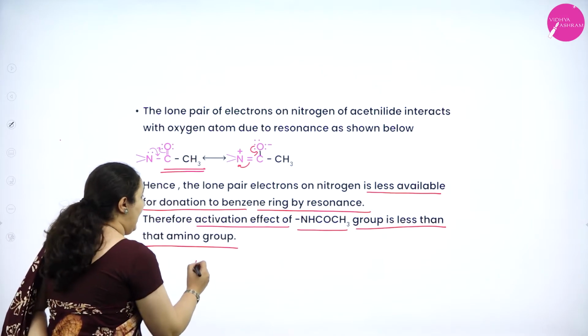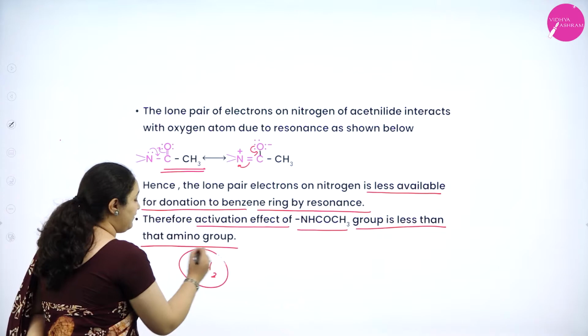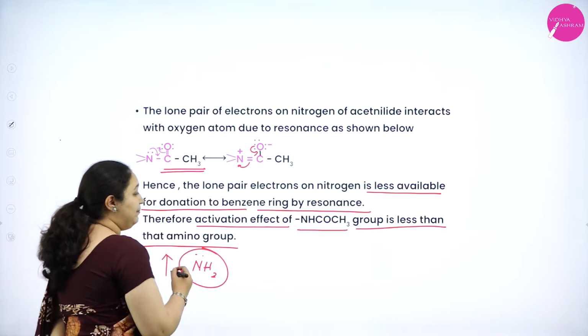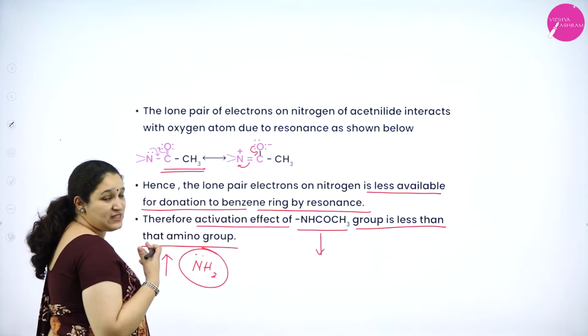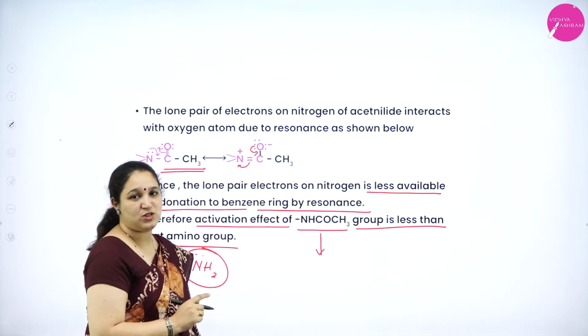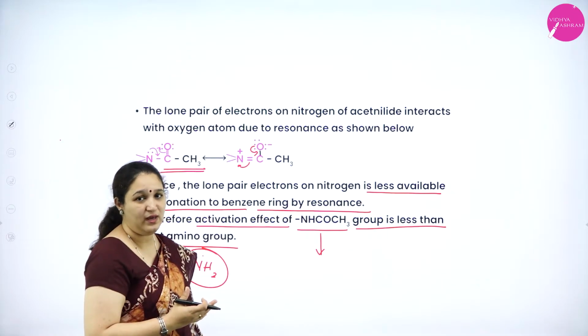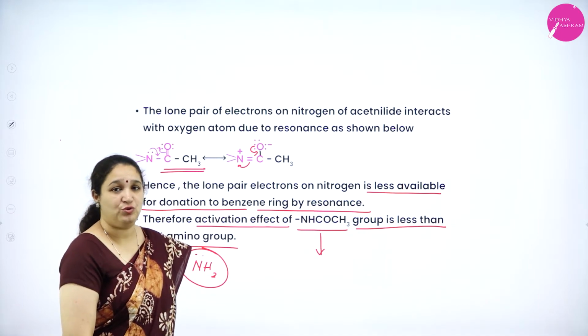So what is it? Activation effect. If only the NH2 group is there, then the activation effect is more. But as I have the NHCOCH3 group, the activation effect is less, and thus substitution will happen only in the para position as the major product. Okay. So that's the reason we do the protection of the NH2 group.